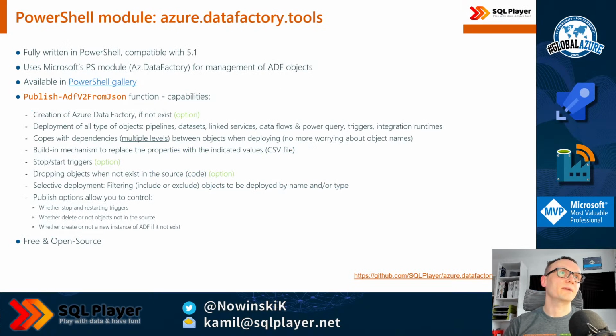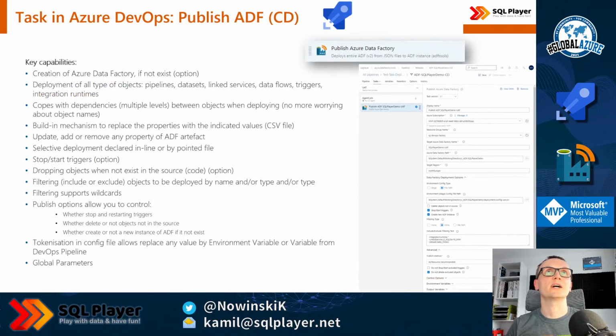So I'm not going to go through all the capabilities of this Azure Data Factory tools. As I mentioned earlier, the publish Azure Data Factory task uses the module behind the scenes. So they have also a very similar list of capabilities, including stop-start trigger, selective deployment.